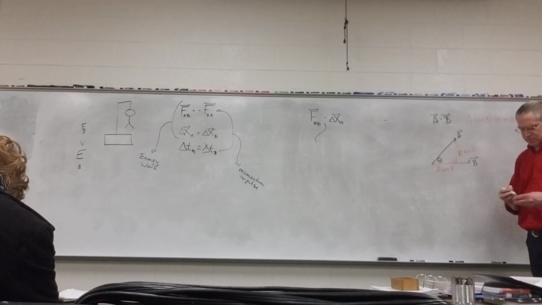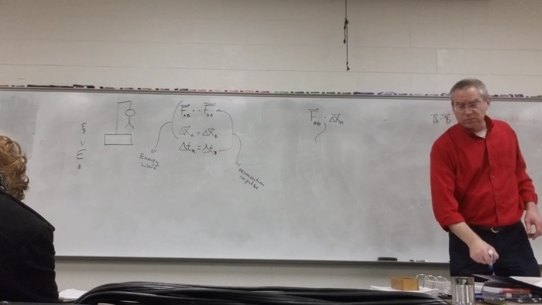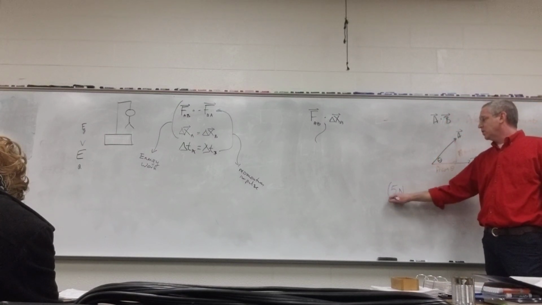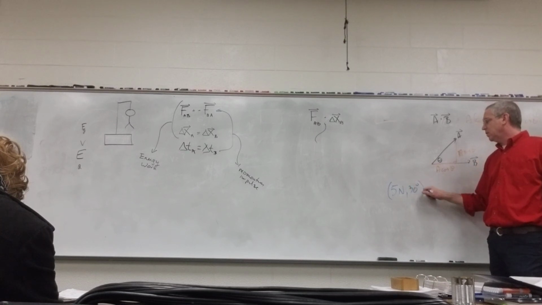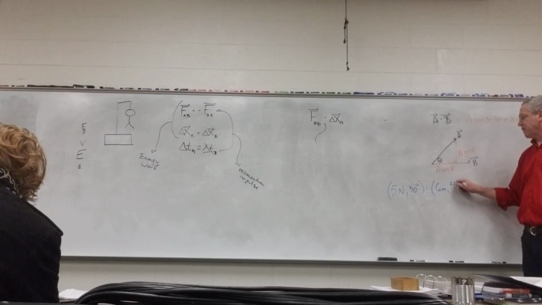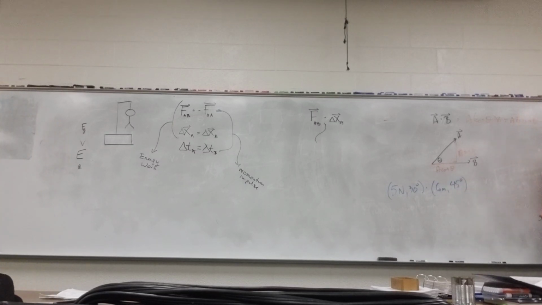So as a refresher, if I have 5 newtons at a 30-degree angle, dot product with 6 meters at a 45-degree angle, I basically multiply 5 newtons, the magnitude of the first one, times the magnitude of the second one, times the cosine of the angle between them, which is 15 degrees.